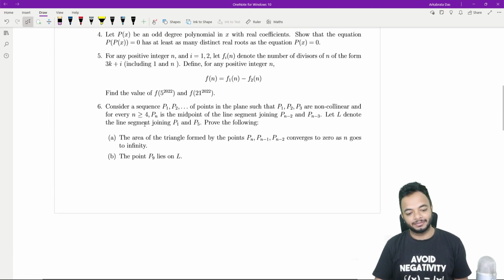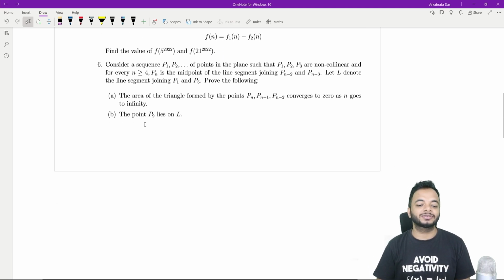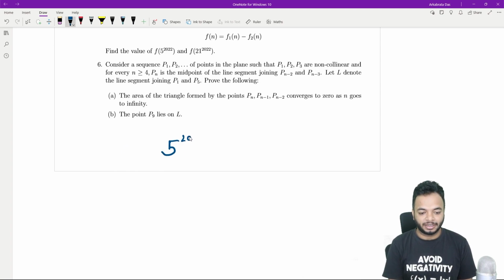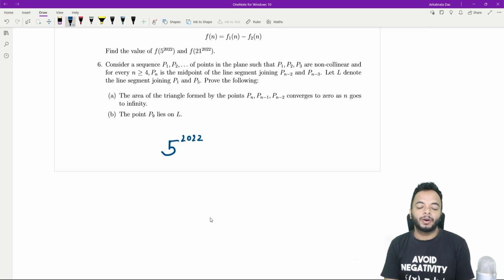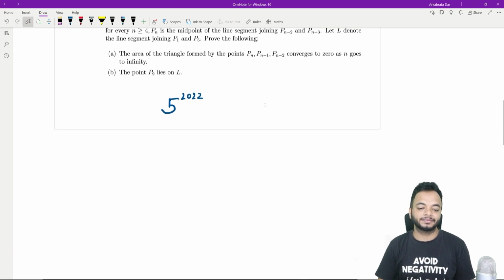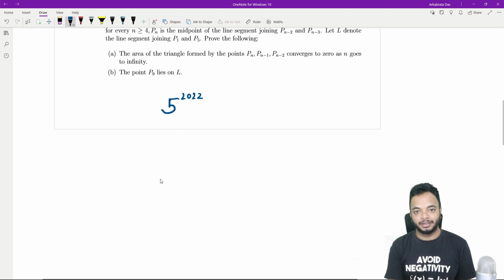They should have given some nicer number, I don't know why 5 to the power 2022, but let's discuss it still. So this number is 5 to the power 2022. What do the divisors of this number look like, including 1 and n? We have to include 1 and n if they are also of the form 3k plus 1 or 3k minus 1.